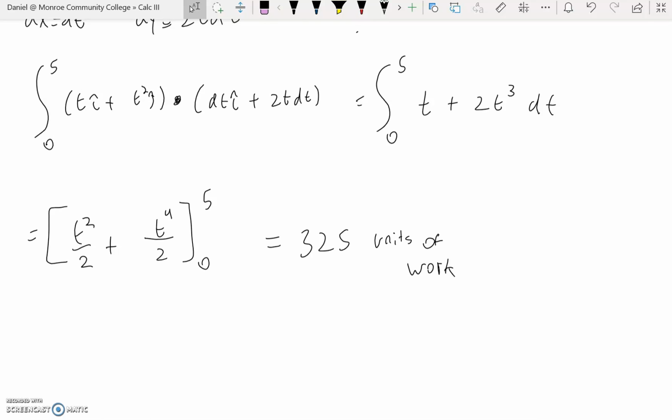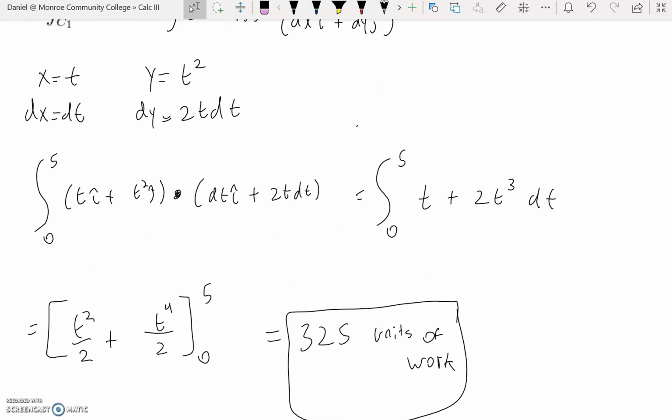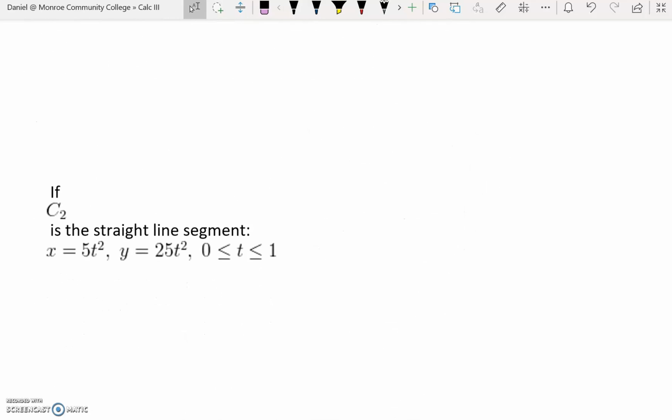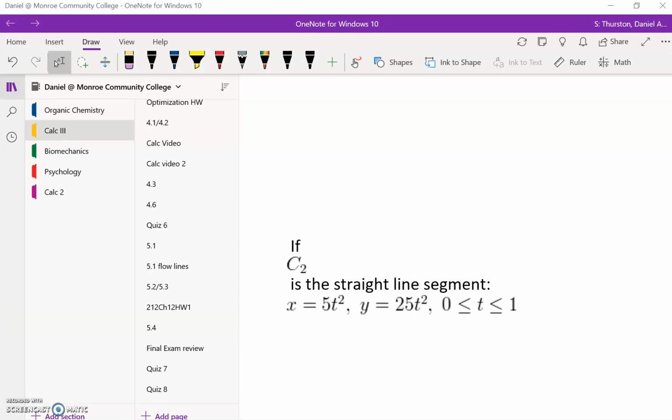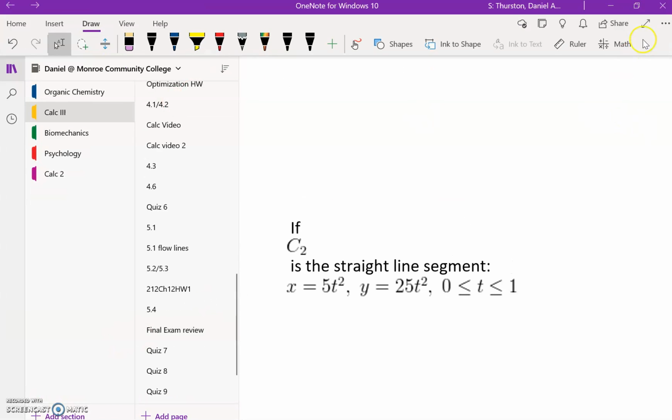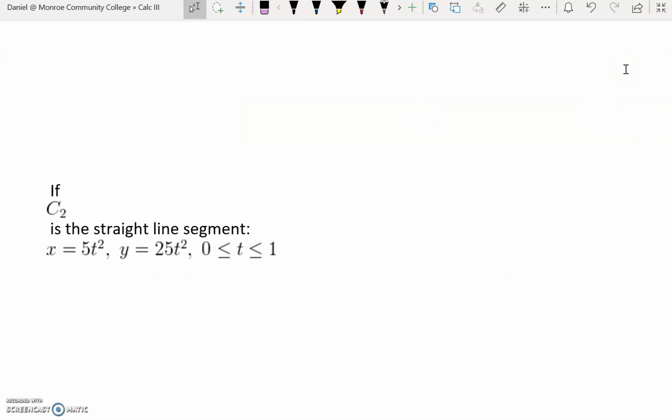So that's the first part. Pretty simple, not too hard. Now I'm going to walk us through this next part.